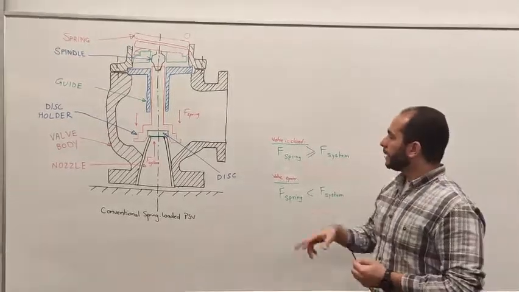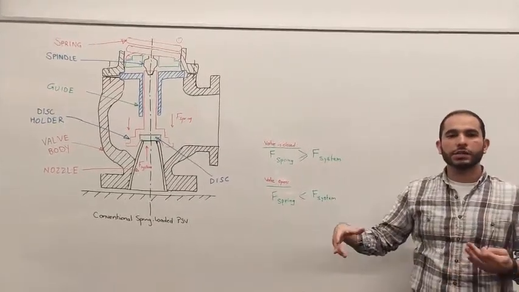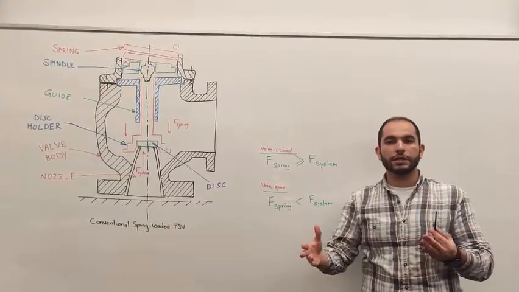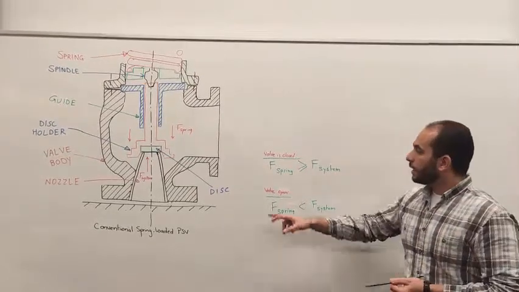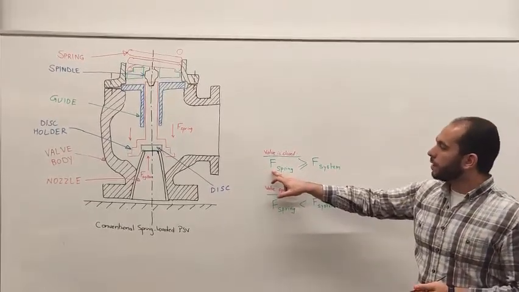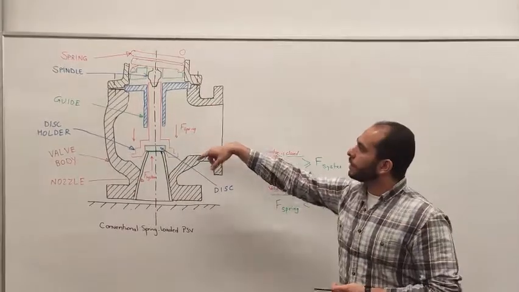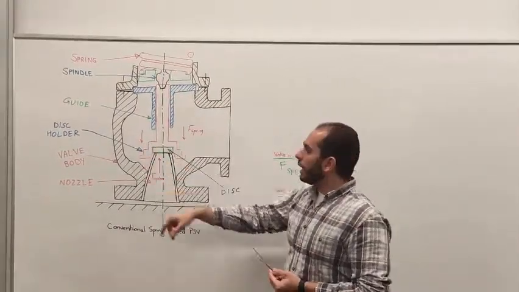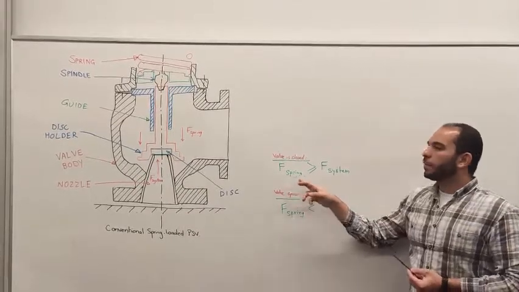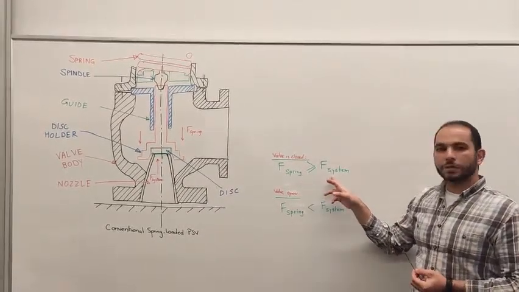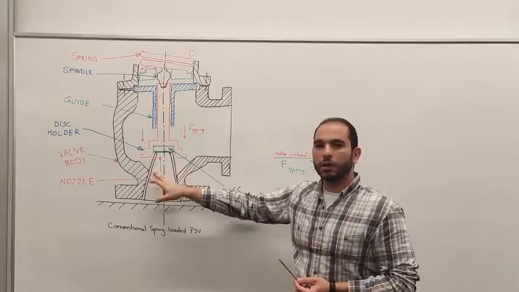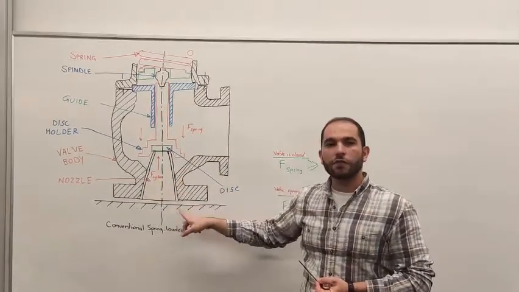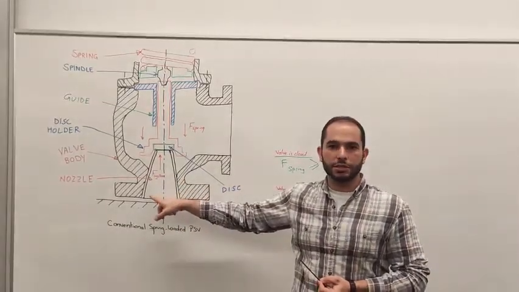We can look at this equation that demonstrates the action of the valve while it is closed. The force of the spring acting along the spindle on the seat is always kept more than the pressure force acting on the disc from the lower side by the action of the pressure in the pressure system.